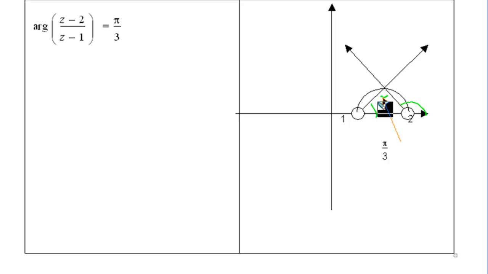So that's what we're seeing with this type of argument locus question. So looking at the argument between the two, draw them up and get the line between them, and you're going to be able to find that it's going to be an arc of a circle. If it's pi on 2, it's going to be a semicircle. If it's pi on 3, it's going to be the top arc of a circle.